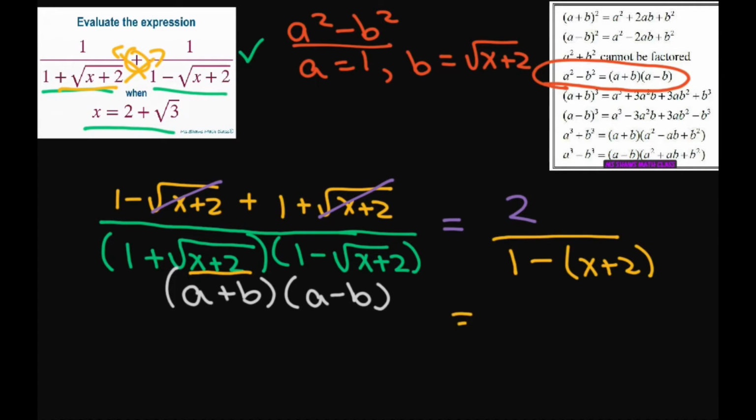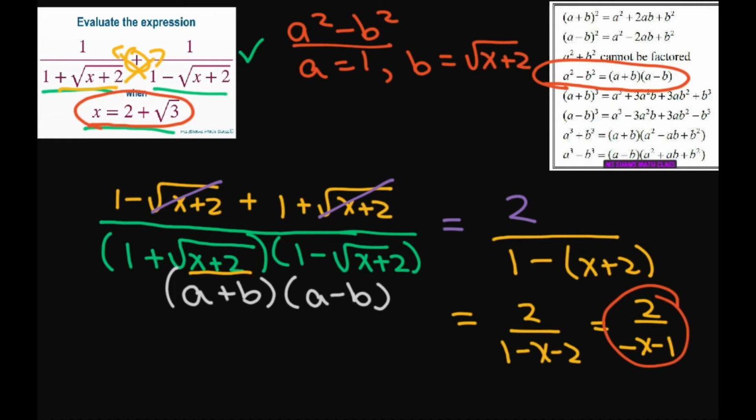So this is going to give you 2 divided by 1 minus x minus 2, which equals 2 divided by negative x minus 1. And before we move on and evaluate with x, I can rewrite this and pull out a negative.